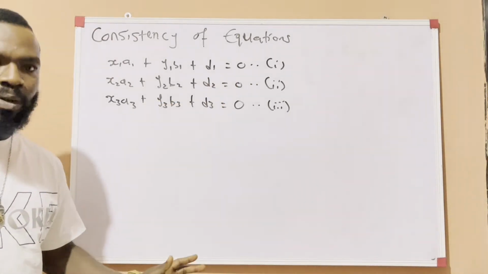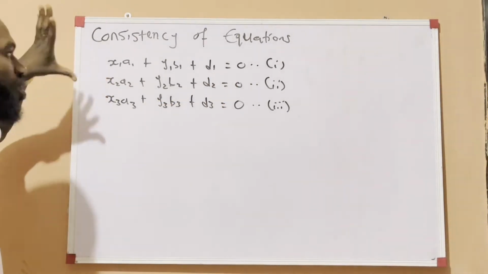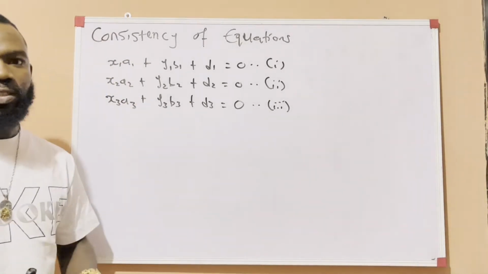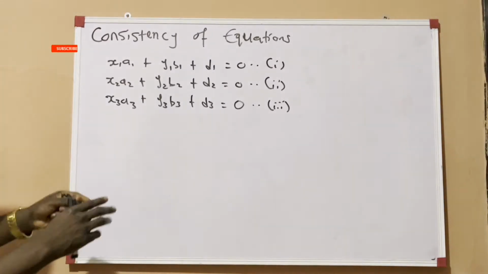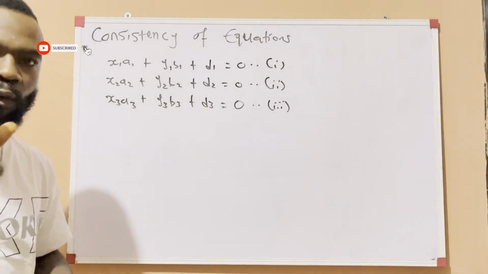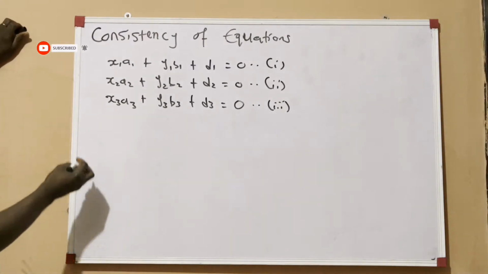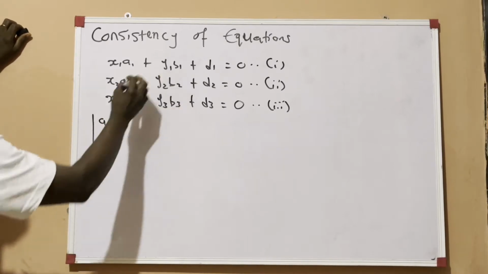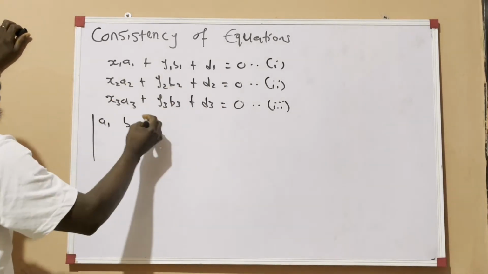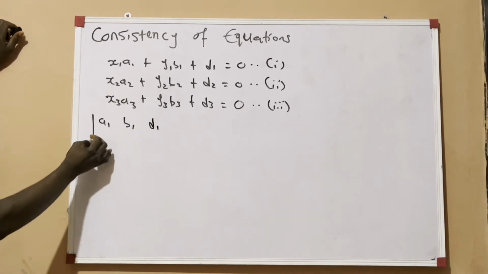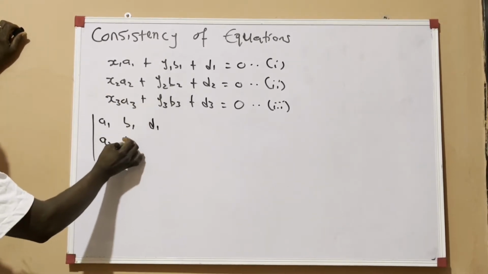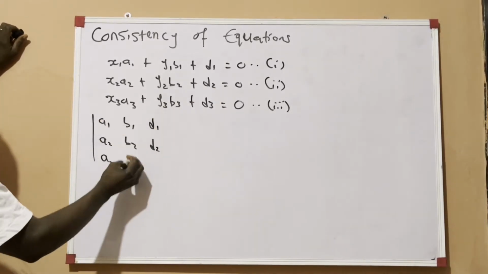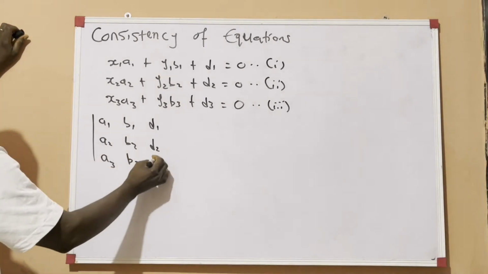Now, how do you test for the consistency of these three equations? It is very simple. It is simply taking the determinant of these equations. And of course, this is a 3 by 3 matrix, because if we represent these equations in matrix form, this is what we are going to get: A1, B1, D1, A2, B2, D2, A3, B3, and D3.